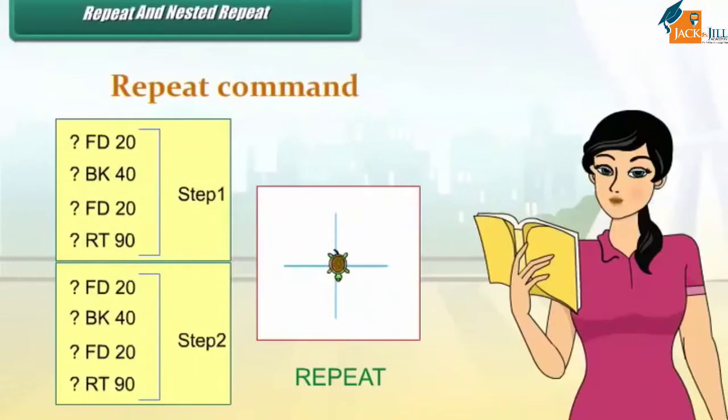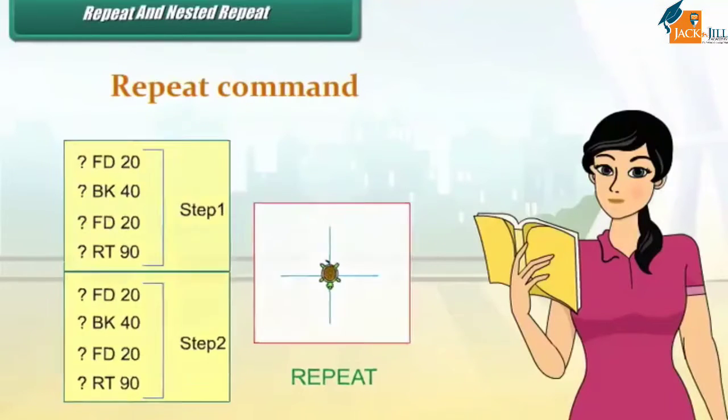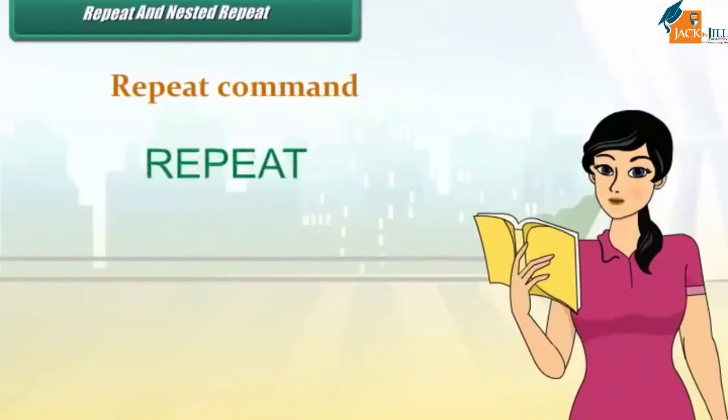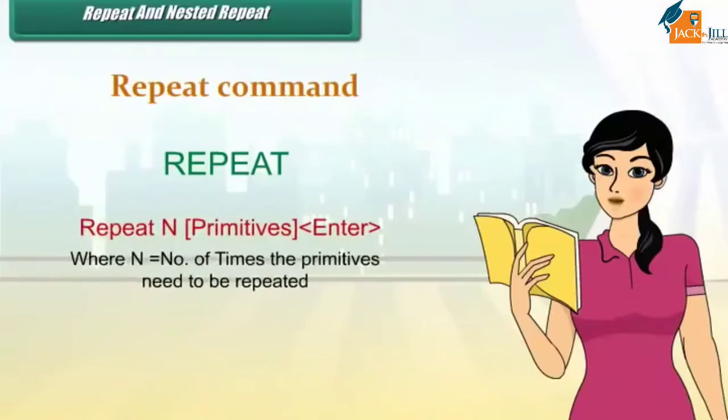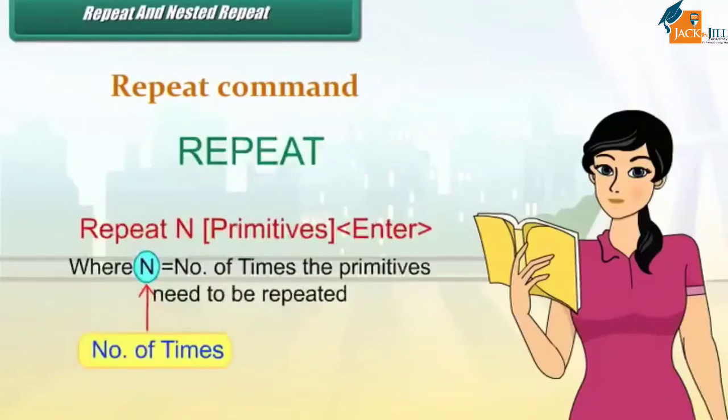In such figures, we can use repeat primitives. The repeat command repeats a set of primitives which are given in brackets. This is how we write it. Type repeat, n, primitives in a bracket and press enter, where n is equal to the number of times.